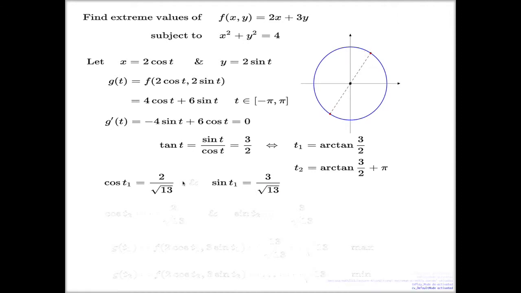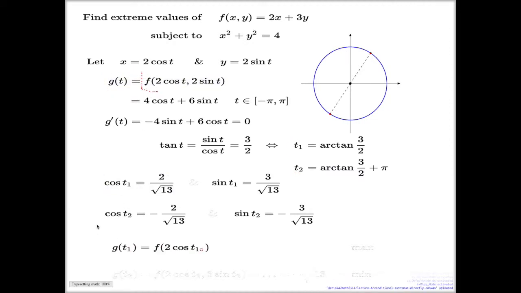I'm skipping some trigonometric evaluations because it's a part of elementary school, high school, but still elementary, how to do that. For the second value, these are the values of sine and cos. And we're done. Now I have to compare the values of my g in these 2 points, which if you reflect back in terms of f, you have to compare.